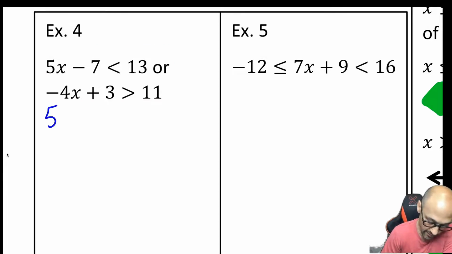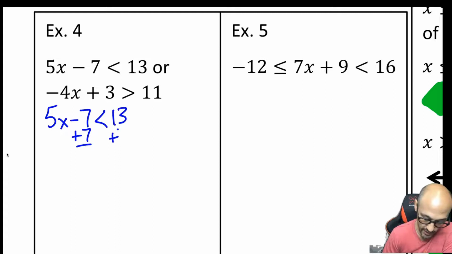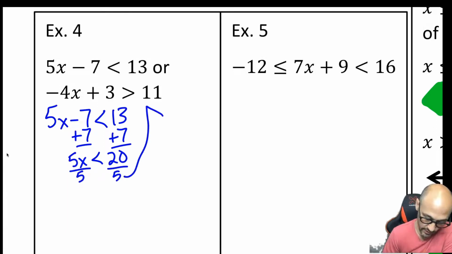5x minus 7 is less than 13. I'm going to add 7 to both sides. So I get 5x is less than 20. Now divide by 5, and the result is x is less than 4.